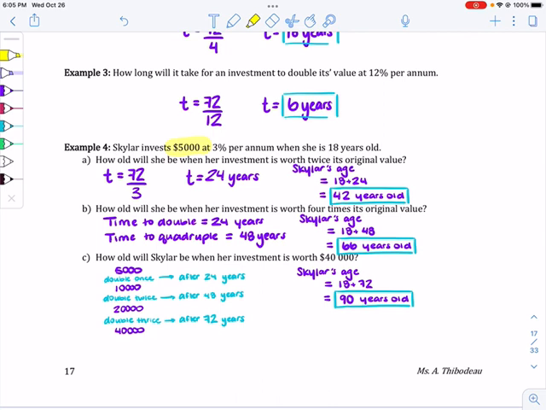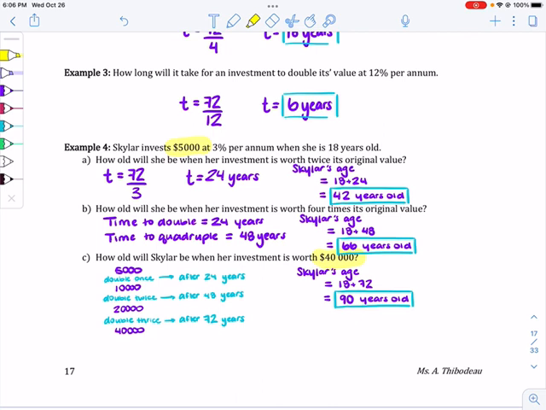So I can use the initial amount and my end goal, like this 40,000 in part C, to figure out how many times it is doubling. The only estimation tool that we have in this financial part of the course is the rule of 72. So there will be some amount of doubling that will need to take place to get from the initial amount to the final amount, if you are estimating an amount of time for it to reach that end result.